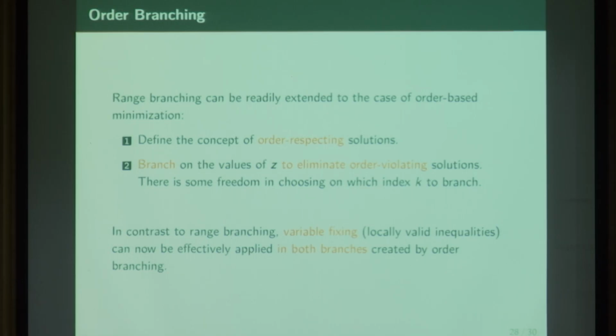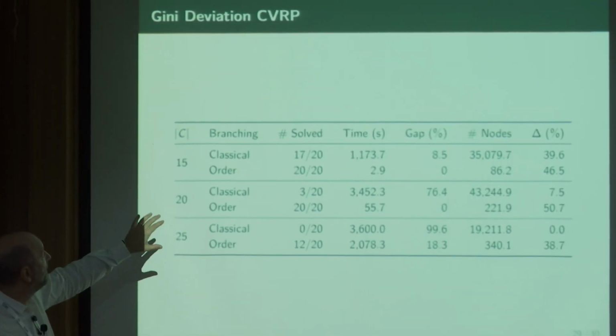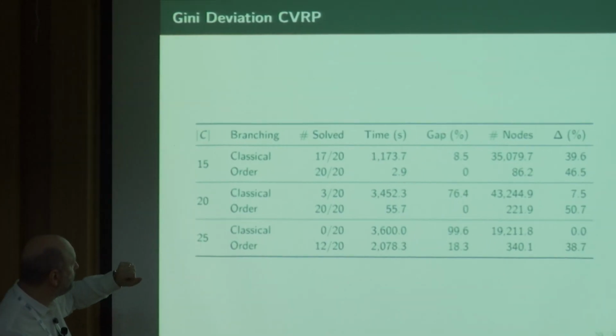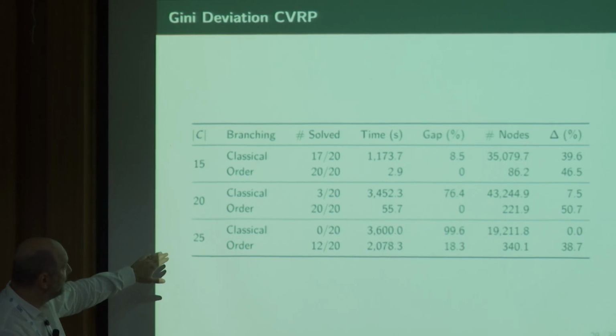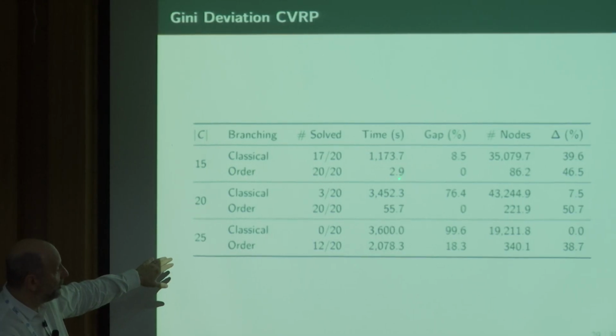And again, these are some results for the capacitated vehicle routing with this Gini deviation. Again, 15, 20, and 25 clients. The classical formulation solves 17 problems in 1,000 seconds. The one with order branching goes to actually solving all the problems in 2.9 seconds.